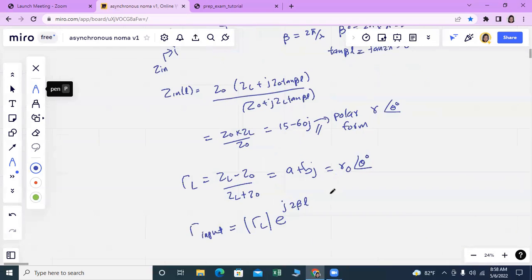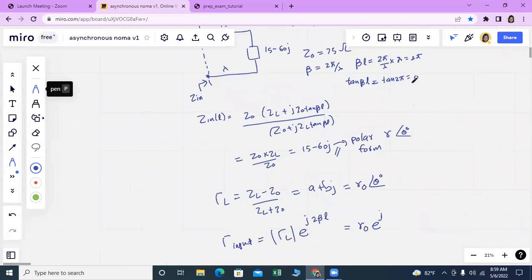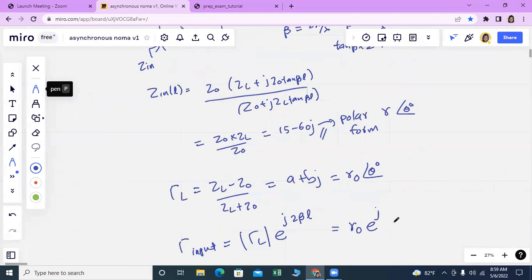So basically, you know the magnitude of the reflection coefficient, and you can put it as, maybe if it is R naught, you can put it there, and then you can substitute for 2 beta L. 2 beta L is equal to 4 pi in this case. So right, beta L is 2 pi, and then 2 beta L is 4 pi. So they are all equal to 0 degrees. So basically, the value of this expression will be R naught, because e to the j0 is equal to 1, because cos 0 minus j sin 0 equals 1.